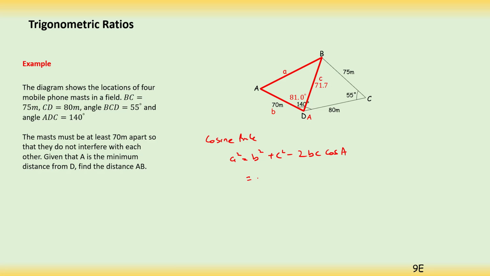So we've got 70 squared plus 71.708 squared. Try and keep it as accurate as possible. Minus 2 times 70 times 71.708 times cos of 81.045.